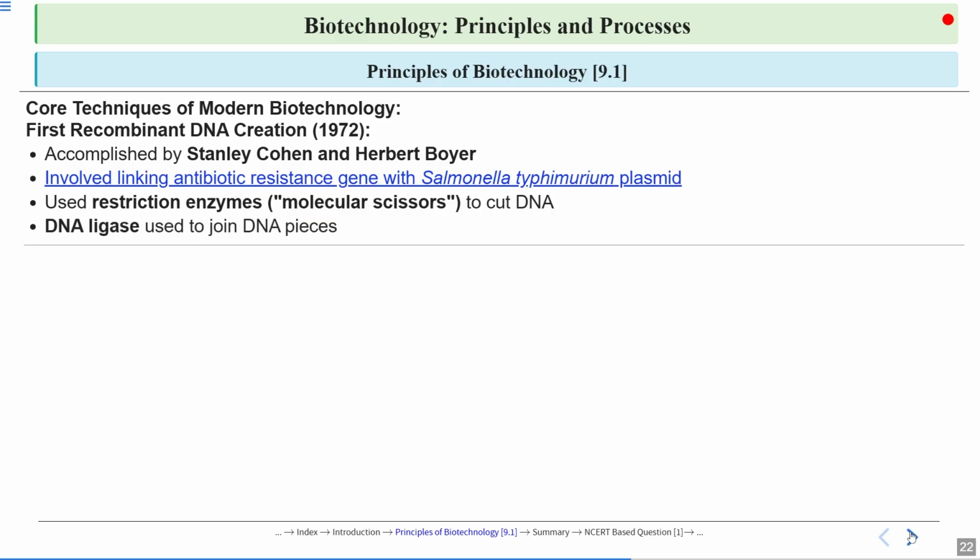Then they took this antibiotic resistance gene using the restriction enzyme and ligated it, meaning joined it, to the native plasmid of Salmonella typhimurium using DNA ligase. What is DNA ligase? It is an enzyme which helps us join DNA pieces. Now this plasmid along with the antibiotic resistance gene is what we call recombinant DNA.